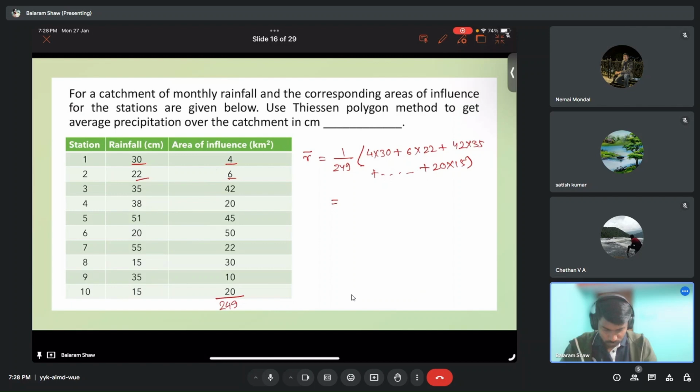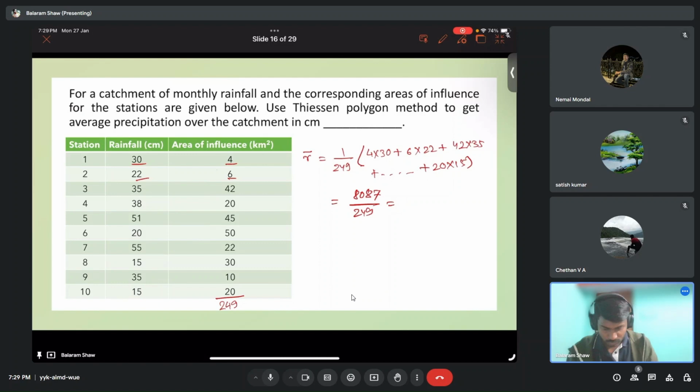We're getting around 8087 by 249, which will be equal to around 32.48 centimeter, because it is in centimeter.